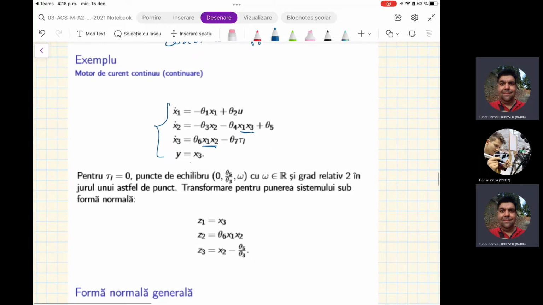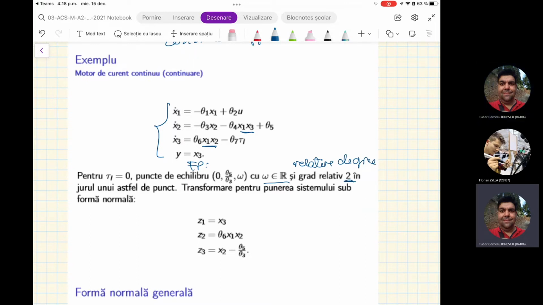So for zero perturbation, the equilibrium points are 0, θ5 over θ3, and omega, with omega real, and the relative degree of this system, you can compute at home, is 2 around this equilibrium point.